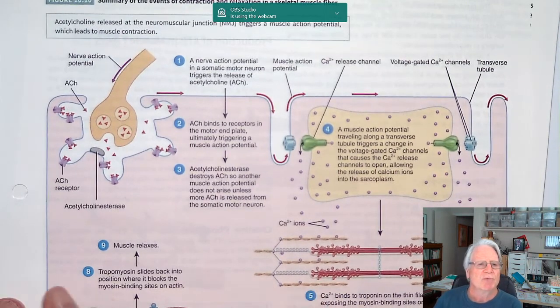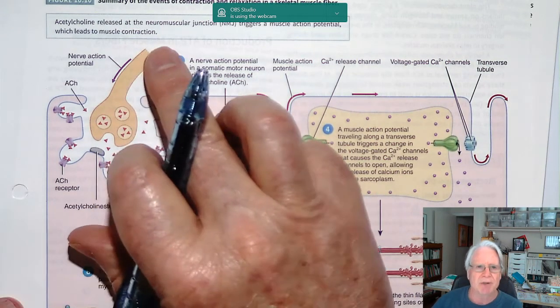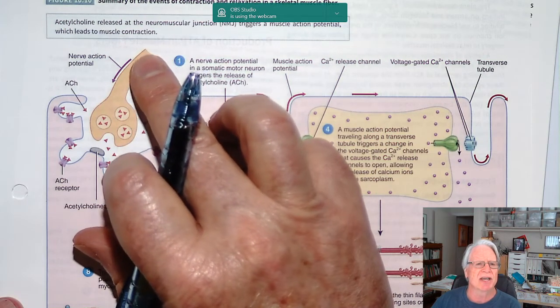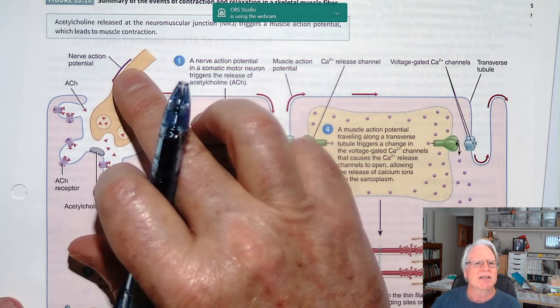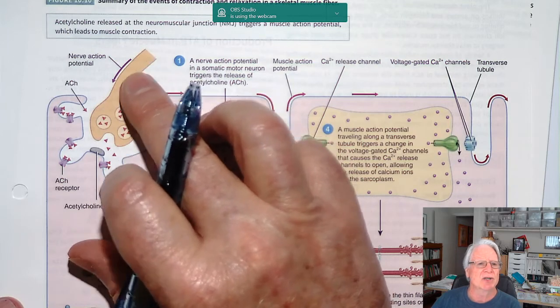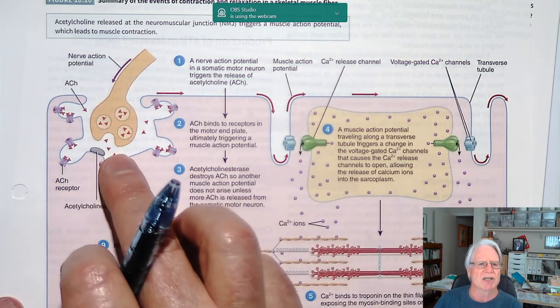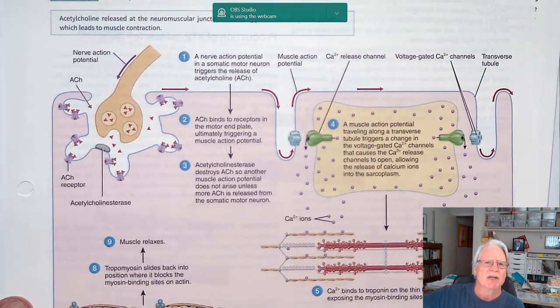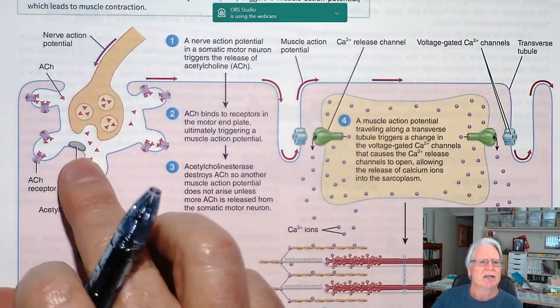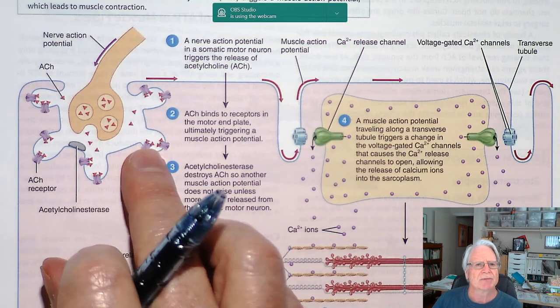But what we're now going to do is stimulate the muscle cell. And what's going to happen is an action potential will be sent down through the motor neuron to the synaptic end bulb, and that will cause the release of acetylcholine, which will then bind to the receptors.